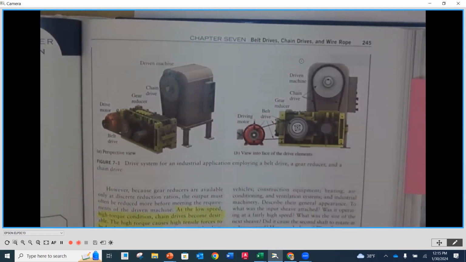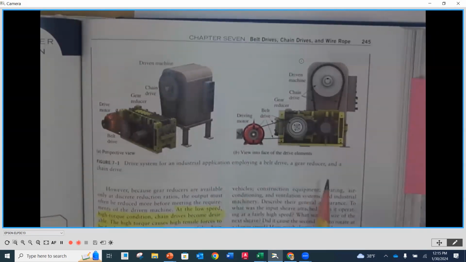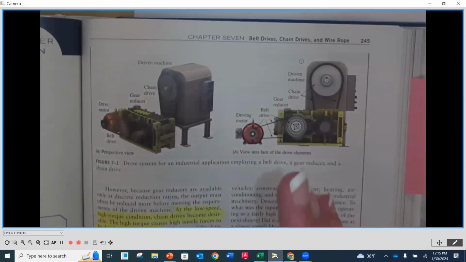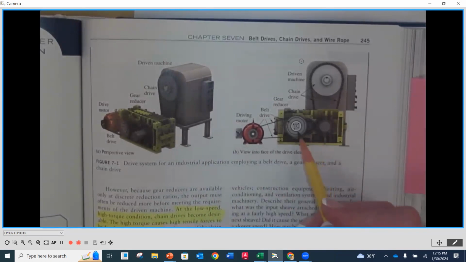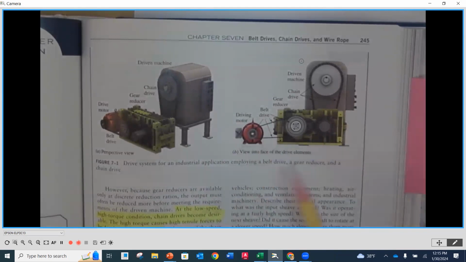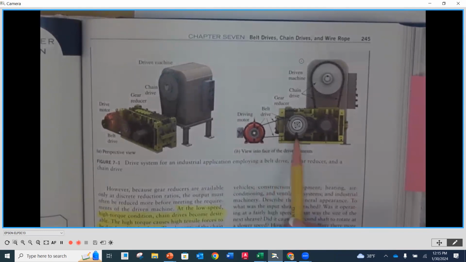Sometimes we can go directly to the gearbox with a motor, but in this case, they're using that belt drive in between. Now you'll notice that they have a smaller sprocket on the motor and a larger sprocket on the gearbox going in. So we're slowing this down a little bit, okay, based on the size of those pulleys.